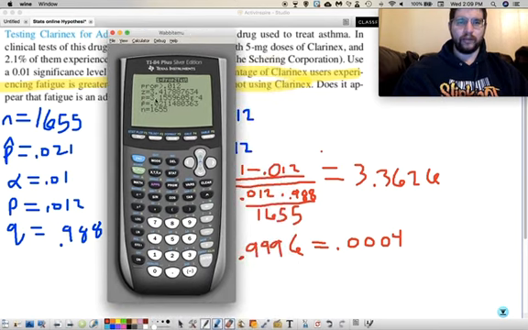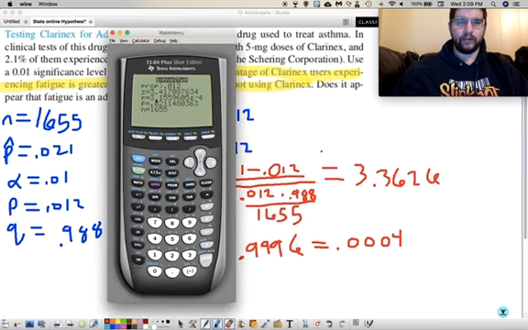That's a good bit of a difference there. Let me make sure I didn't mess up anything. It could just be that big of a difference because we were working with such a small p-value. Make sure I didn't mess up q in my head. I didn't.